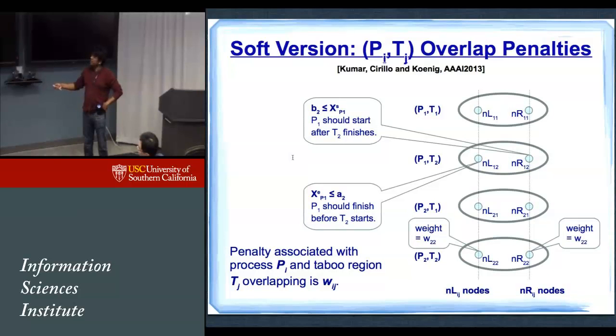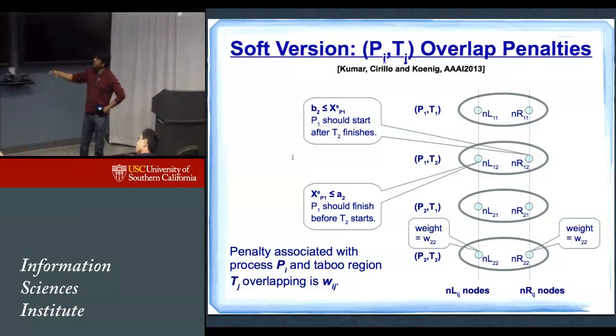Either the process starts after the taboo region finishes, which means it's going to be this node: B2, the endpoint of T2, should be before the starting point of P1. Or the reverse case, where the process should finish before the taboo region starts, so the endpoint of P1 should be less than or equal to A2. So these are the two possible ways of avoiding an overlap between a process and a taboo region. I just call them NL nodes and NR nodes.